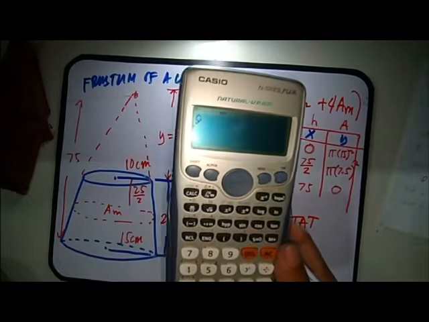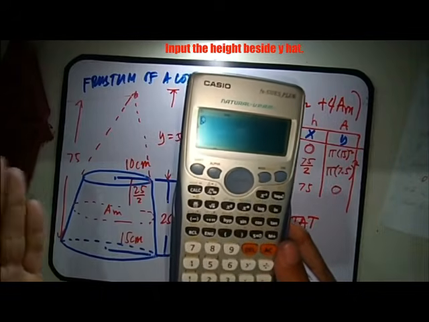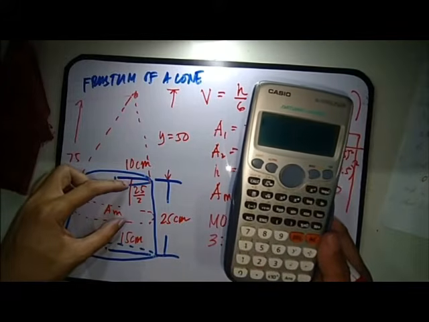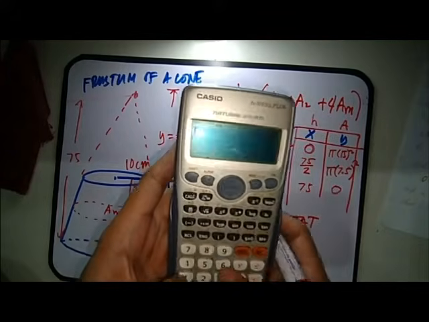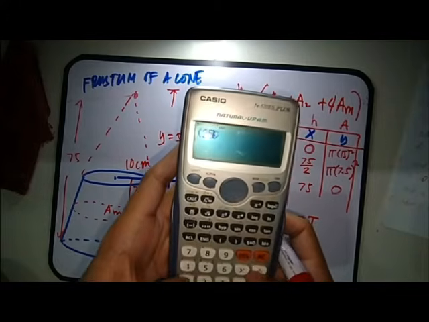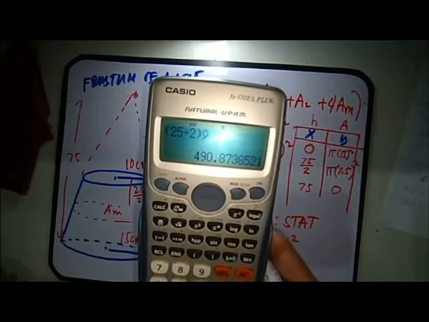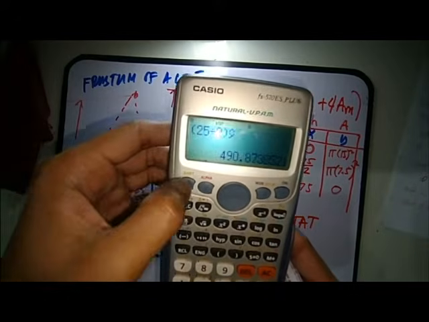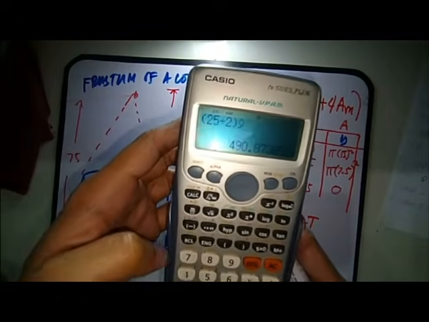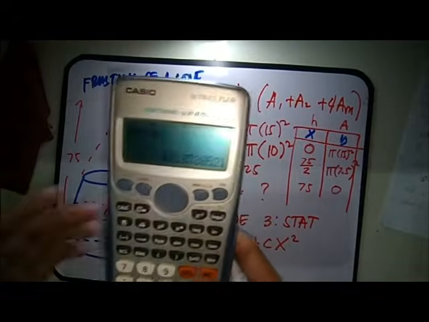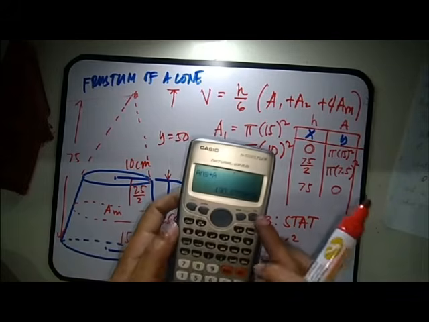Then ano ba yung height natin? So input natin siya katabi ng y hat. So yung height natin is 25 divided by 2. Yun. So that is 490.87. So i-store natin siya. So shift, store, sa A. Yun. 490.87.